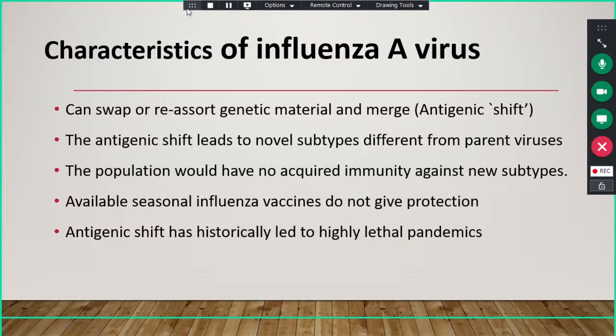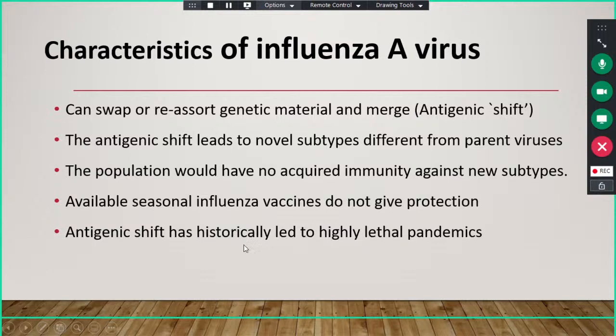And even if a person is protected against seasonal influenza, he or she may not get protection if they get an infection with this new virus which has been reassorted after an antigenic shift.